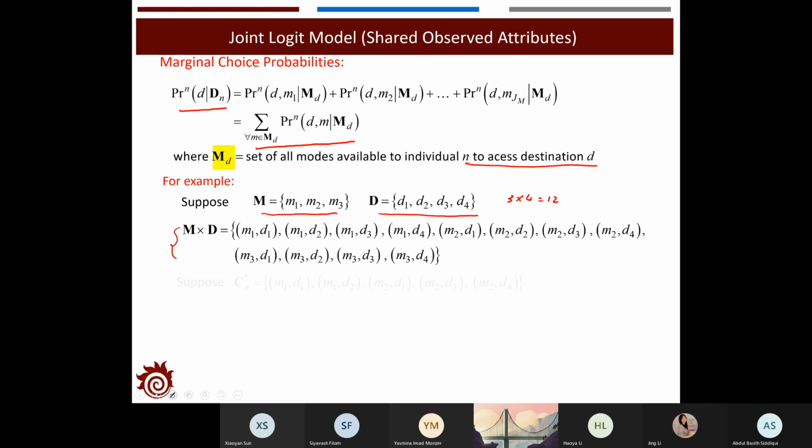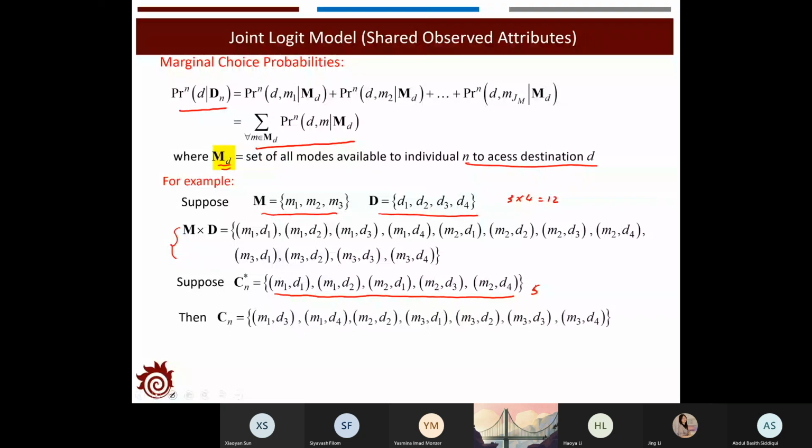But we assume that 5 of them are not available: M1 D1, M1 D2, M2 D1, M2 D3, M2 D4. They are not available. Then we can find out the choice set for each individual to choose the destination d.